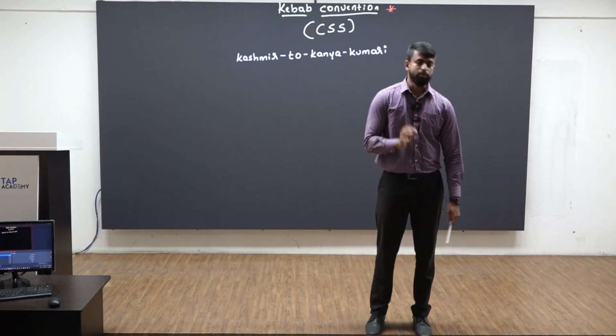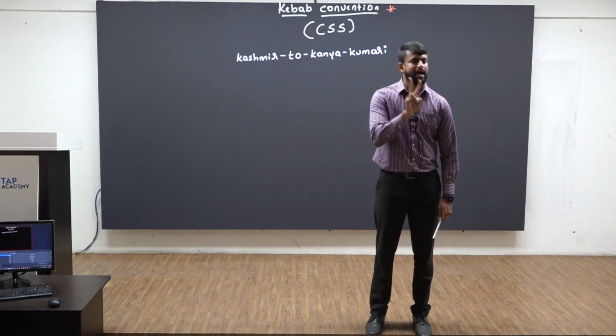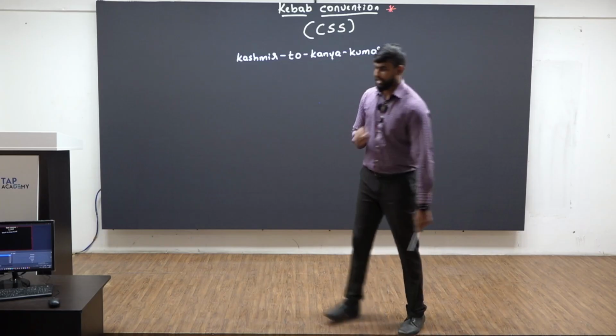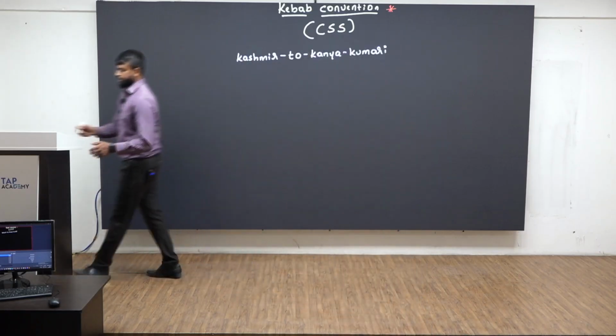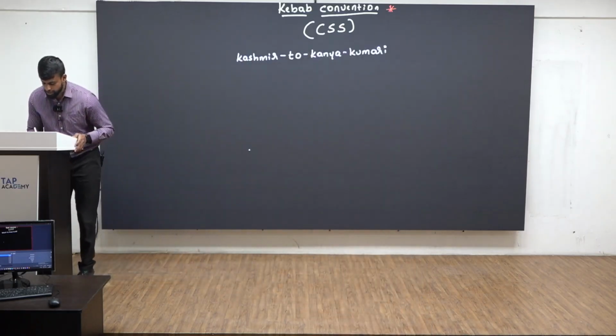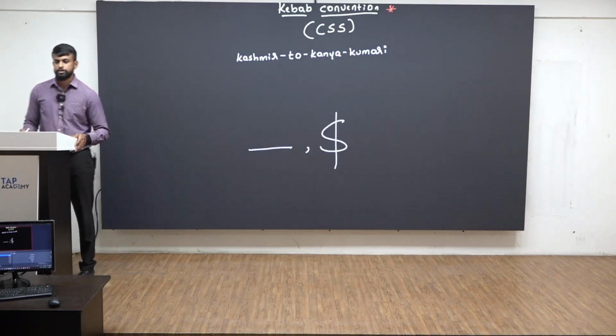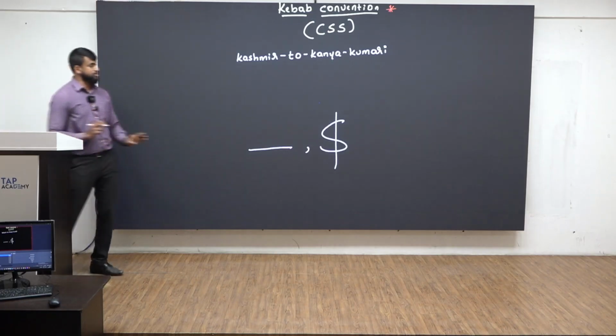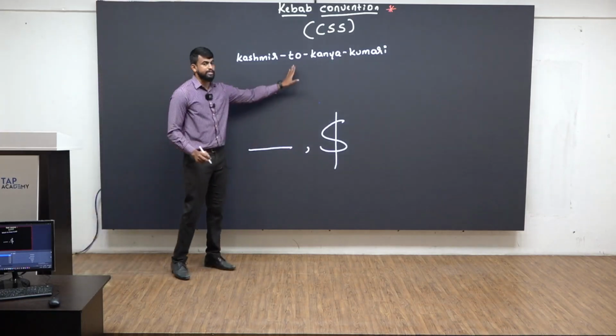In Java, you can use only two special characters whenever you are creating variables. Number one, you can use underscore. Number two, you can use dollar. These are the only two special characters you can use when you are creating variables.